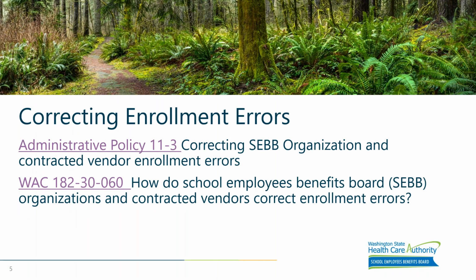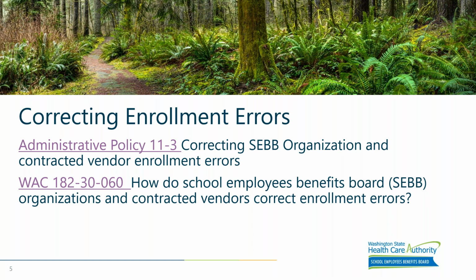So some of the references and resources we're going to use are the Administrative Policy 11-3, which covers correcting SEBB organizations and contracted vendor enrollment errors. When we talk about contracted vendors, we're talking about those organizations that are contracted with the Health Care Authority to provide services to school employees, such as Navia, Standard, MetLife, Davis Vision, Willamette, and all those other ones.